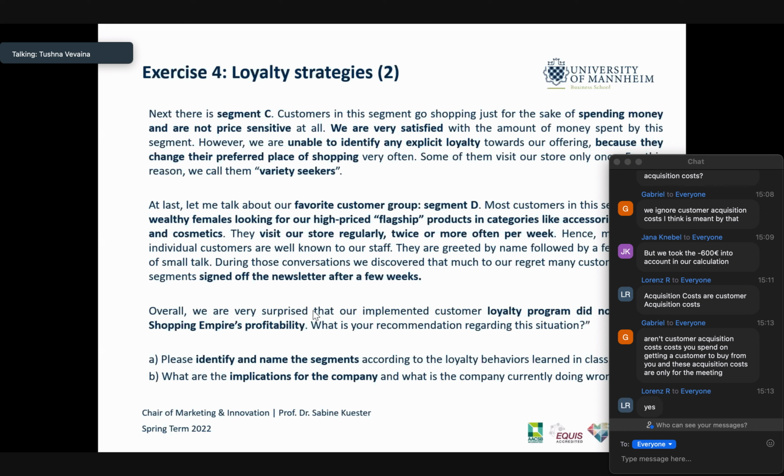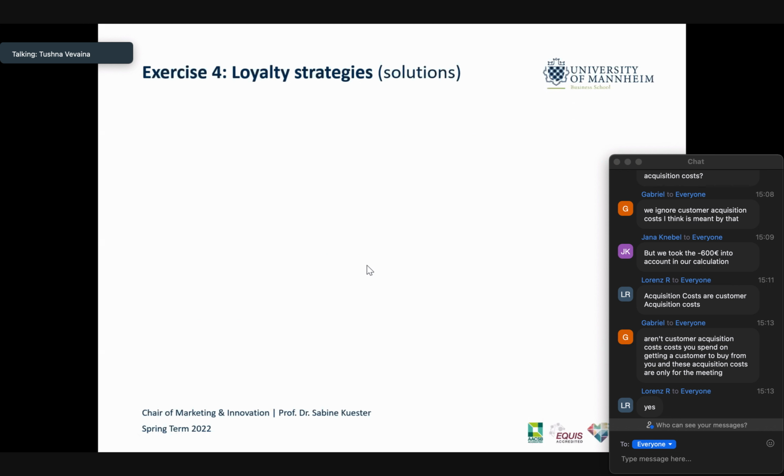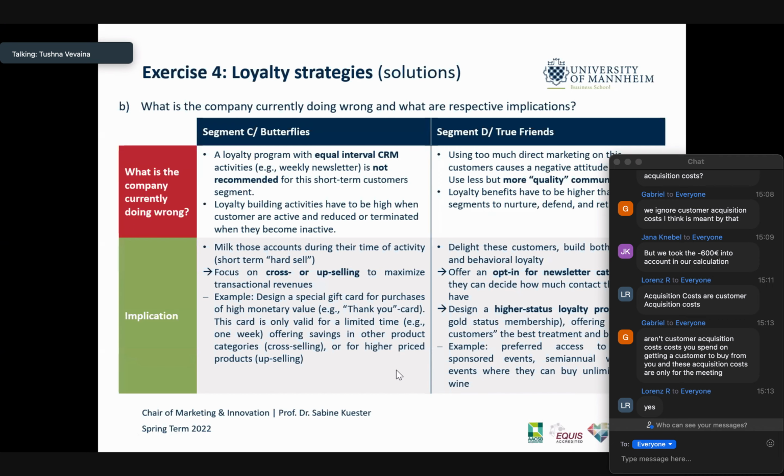So over here, for example, you're not directly given that they are not price sensitive. For segment D, they've not mentioned it anywhere. That's an assumption that we are making for segment D, whereas for segment C, they are directly mentioning that they are not price sensitive at all. So I would treat each of these differently. Maybe for segment C, you build on their activities to get them hooked, and that's why you don't necessarily offer them a direct discount, but you offer them a gift card, and they kind of are forced to come back to redeem it.